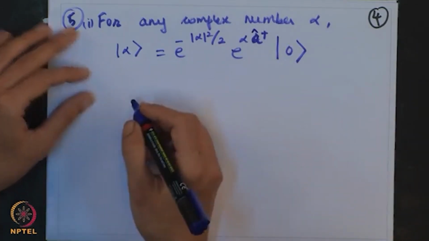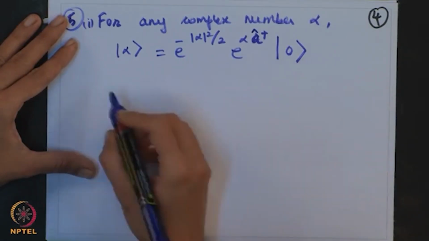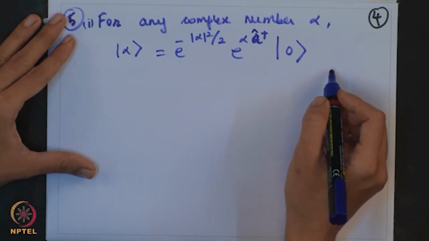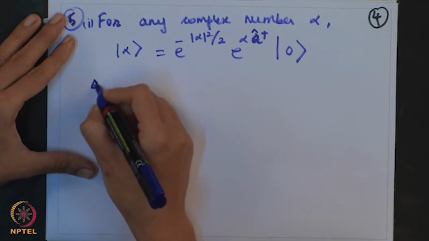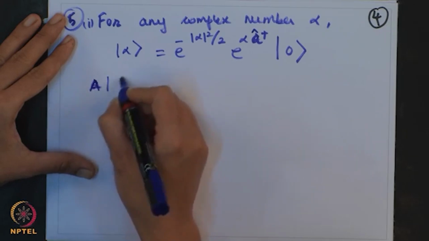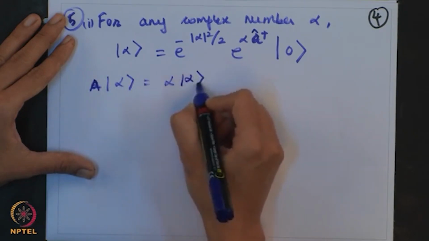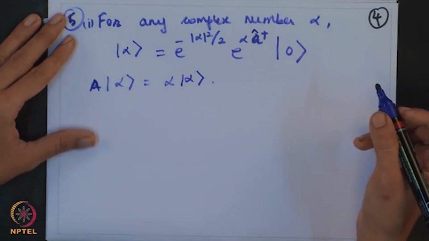Just recollect that and this normalized eigenket of A has eigenvalue alpha. So, when the operator A is operated on |alpha>, you get eigenvalue alpha. Okay. This you have to remember.